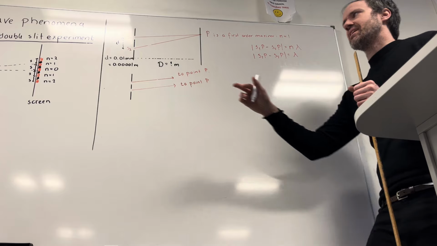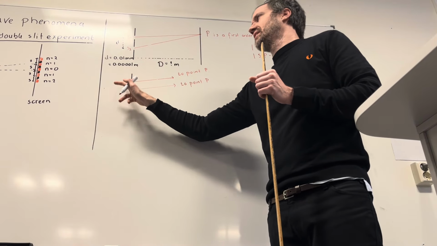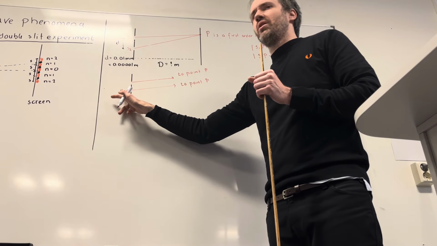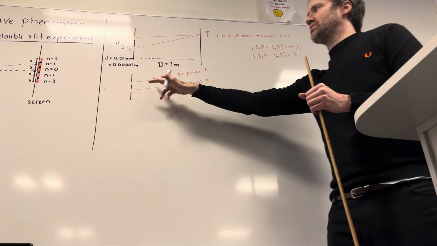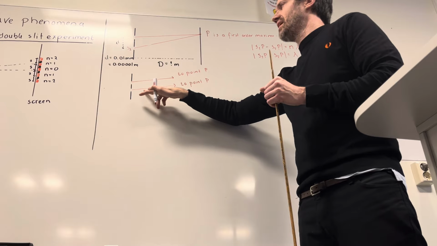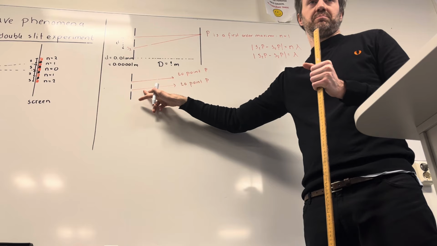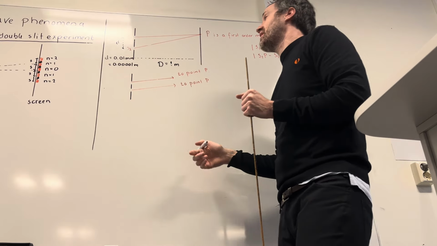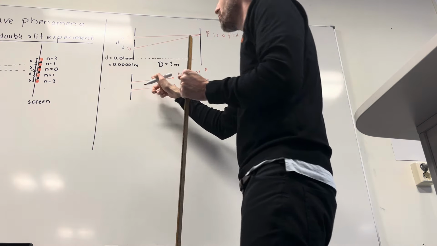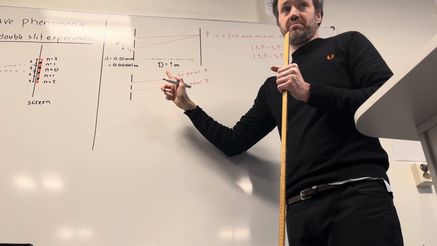I'm just saying that if I draw this to scale, this is 0.01 millimeter. Then point P, these two lines going from point P will be approximately parallel. But both those lines are traveling to the same point.